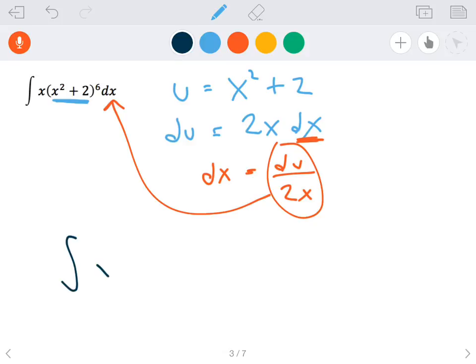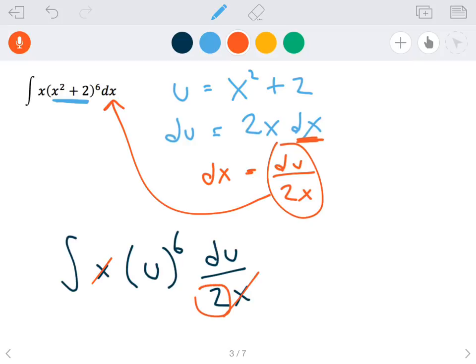So this is the integral of x times, I've made this u now, to the 6th, and dx is du over 2x. By doing this, you see that your x cancels out, and then you've got this 2 in the denominator, so you know you can pull a 1/2 out front of your integral. So this is 1/2 the integral of u to the 6th du.